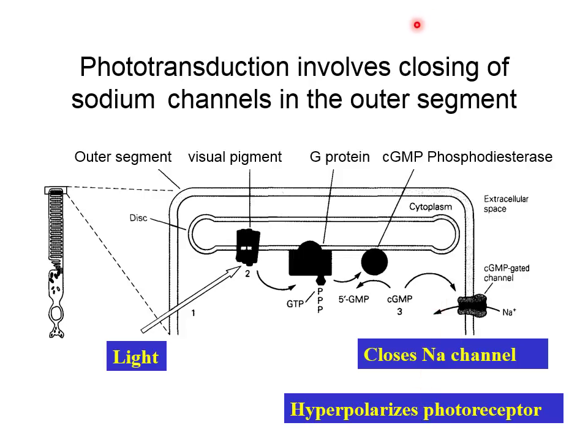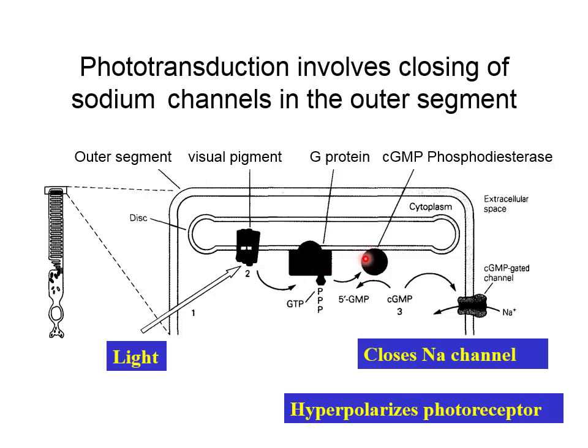What's the process? Light strikes the photopigment, retinol, activating it and changing it from 11-cis to all-trans retinol. The activated pigment stimulates a G protein, transducin, in the rods, which activates cyclic GMP phosphodiesterase.